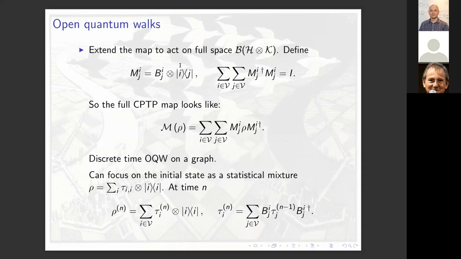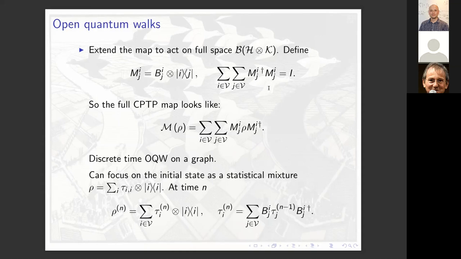So now we define these M_ij, given by this expression in this tensor product. This outer product, |i><j|, describes a situation where the walker moves from site J to site I. So we've extended the map to act on the full Hilbert space, and again we require this normalization condition.